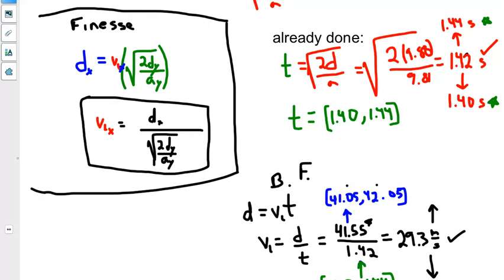Wouldn't you use a 42.05 and the 1.40? Yes, exactly correct. So if you use, here, let's do a solid underline. If you use 42.05 with 1.40, you will get the maximum possible VI. Do it. See what you get.